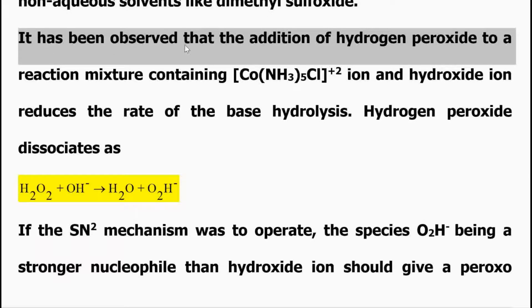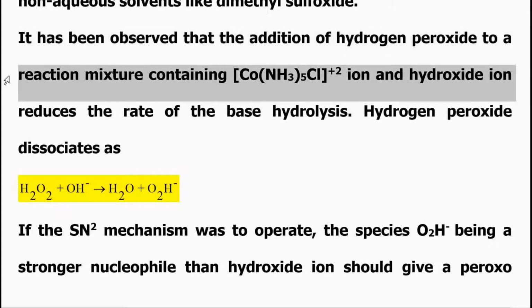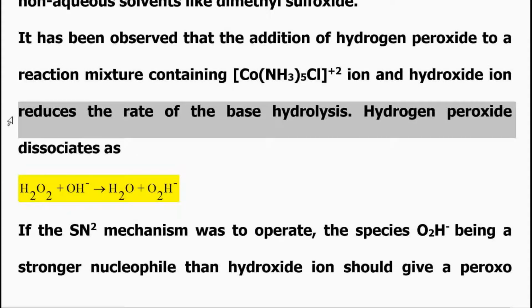It has been observed that the addition of hydrogen peroxide, H2O2, to a reaction mixture containing your substrate ion and hydroxide, so in short, you are carrying out this reaction, [Co(NH3)5Cl]2+ and H2O, and the pH is about 10, and if you add H2O2 to this, then the rate of the reaction becomes very slow.